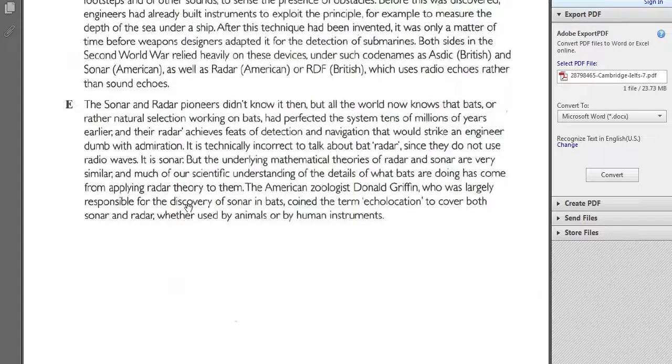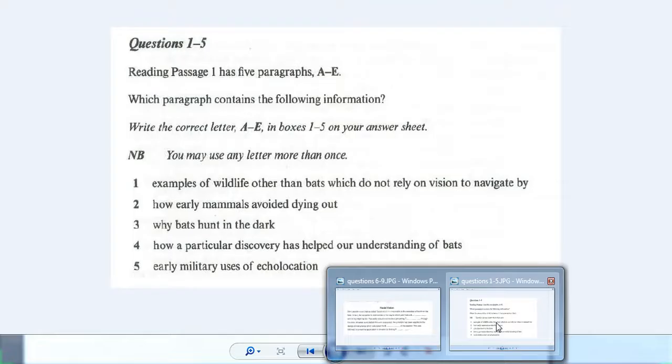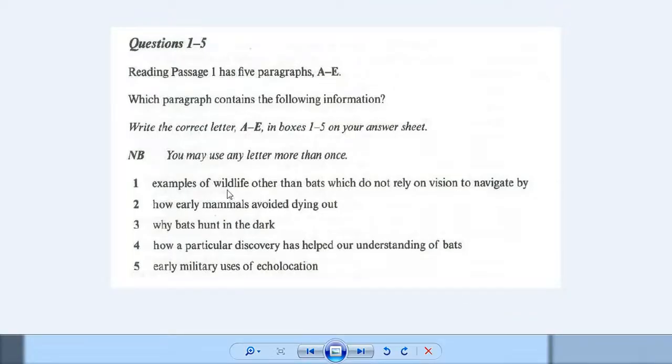Here it is. So that would mean that if I need to find an answer about a discovery, I would look closely here. So that's an important factor, that there are keywords in the question, and these keywords need to be matched with keywords in the text.